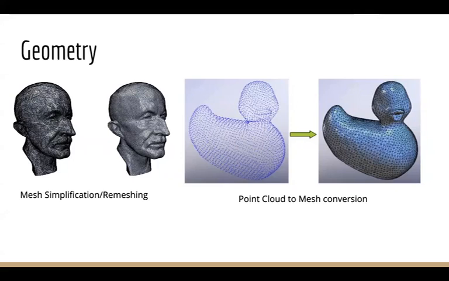We briefly talked in lecture about what makes a good mesh, and whether some types of triangles are more preferred than others, so whether we can change meshes into better versions. Another is point cloud to mesh conversion. If you have a bunch of points in 3D space, can you create a mesh out of it, maybe for some better use like rendering? There are lots of other things you can explore with geometry, beyond meshes and other data structures.